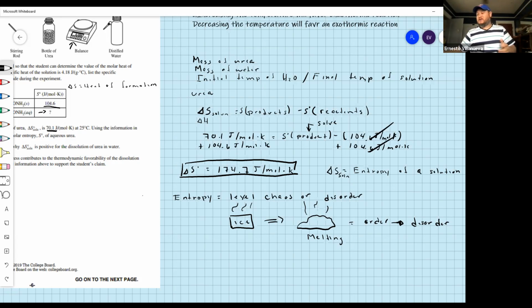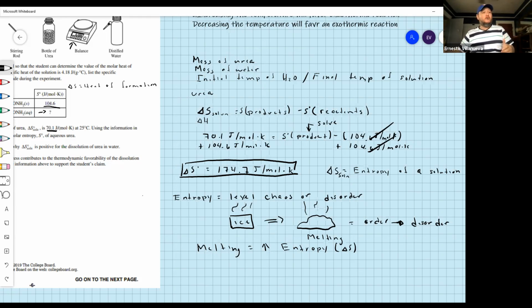So as you're introducing disorder, the level of chaos or the level of entropy is going up. So melting, for example, of ice equals a higher entropy, or delta S, right? As you increase the entropy, you're increasing the amount of disorder in a system.